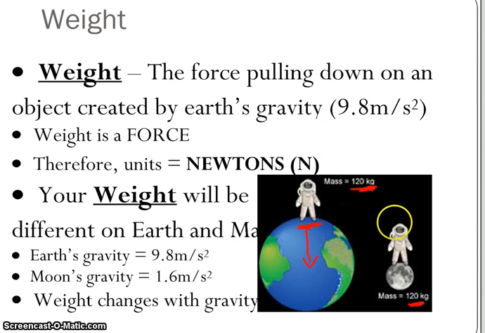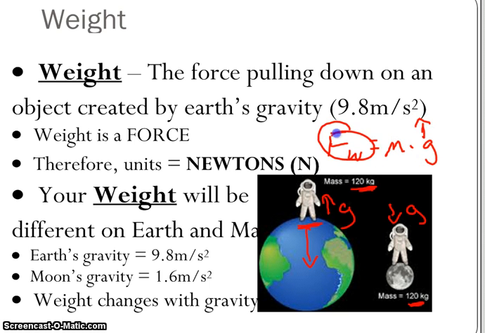So, if all of a sudden I have a lower g here and I have a higher g here, when I plug that into Fw equals m times g, well, if my g goes up, my weight goes up. If my g goes down, just like it did here, my weight goes down.